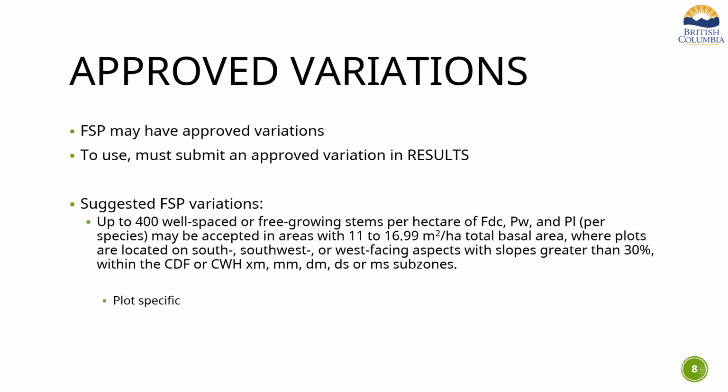Now, in the CEDRSS implementation guide, we suggested several FSP variations. I'd highly recommend amending them into your FSP. There's one for shade intolerant species, and I have it shown on the slide.